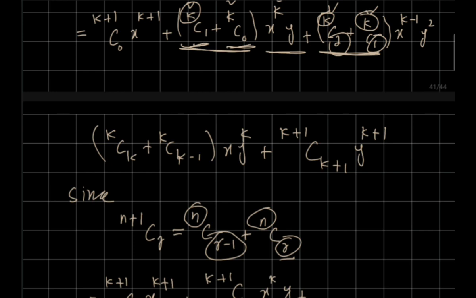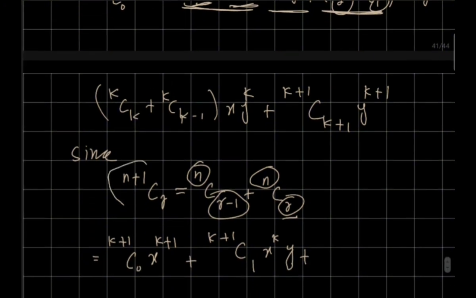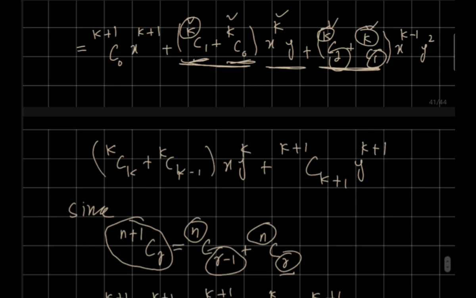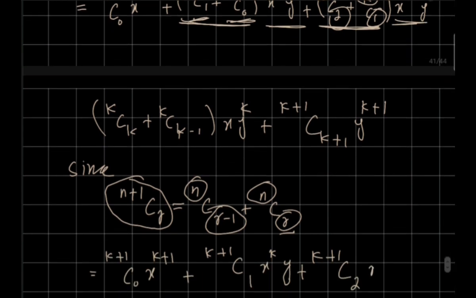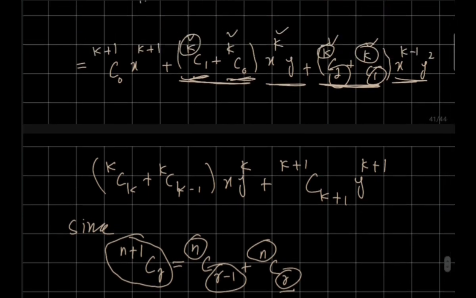R minus 1 is 1. R is 2 and n is k. So put n is equal to k and r is 2. We will get k plus 1 c2. And what is this? X to the k minus 1 times y square.